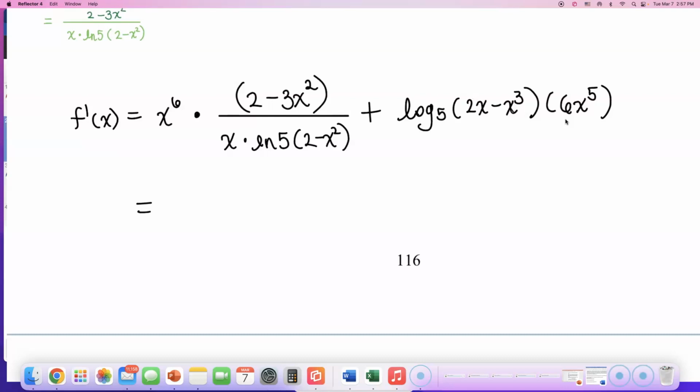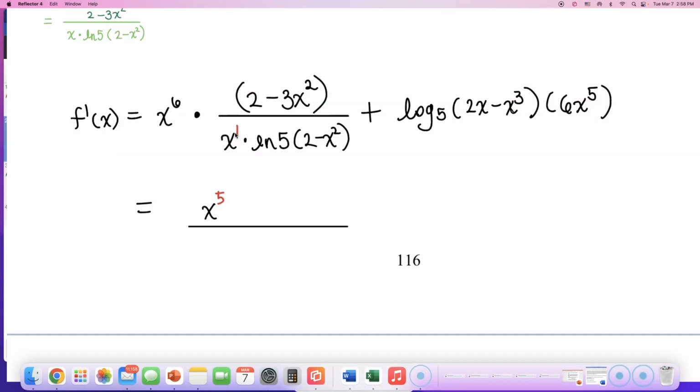Now, let me simplify this. Look at this for me. X to the 6th power is getting multiplied by 1 over x to the 1st power, right? So how many x will be left on top of the fraction? When you do 6 minus 1, you'll get 5. So what I will have when I multiply those two is x to the 5th power.